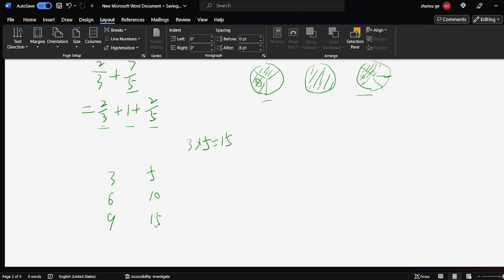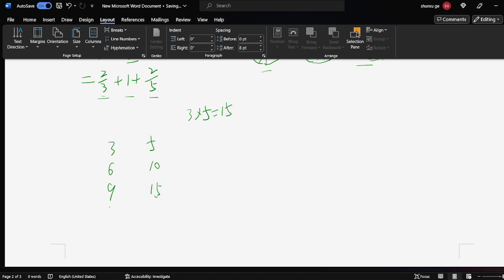Then again, 3 and 5 times 4: 3 times 4 is 12, and 5 times 4 is 20. Then 3 times 5 is 15.